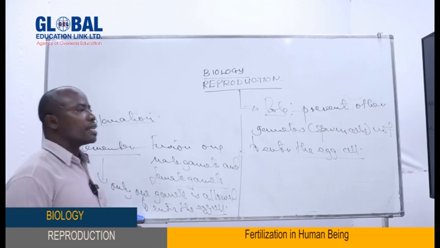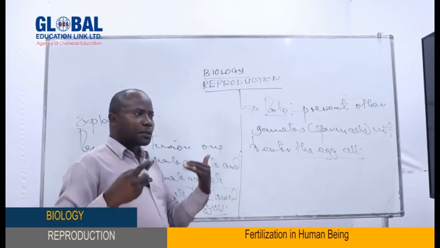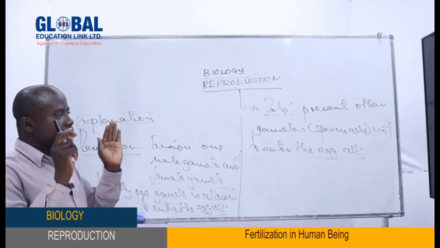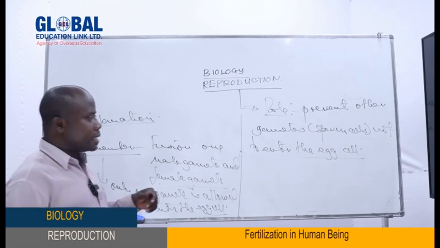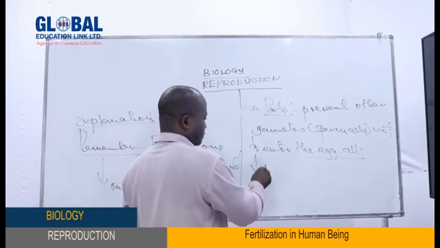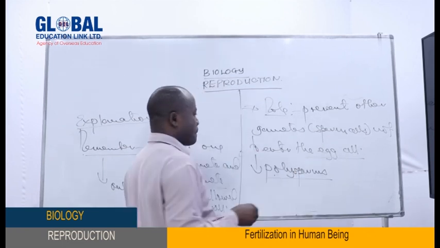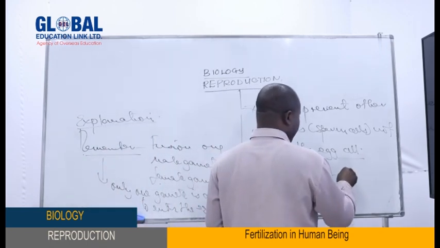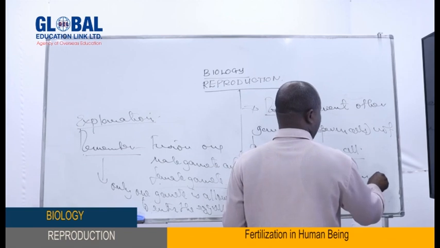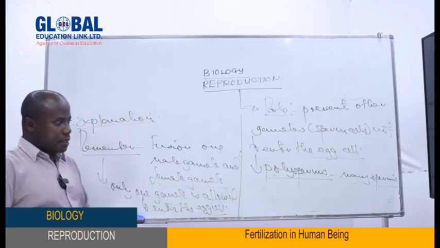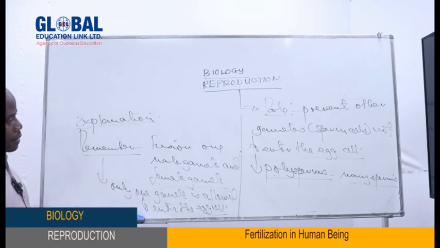Therefore, to respond to this question, you'll just have to explain the function of the fertilization membrane, which is prevention of more than one gamete entering the egg cell. This is known as polyspermy. Polysperms means many sperms. This aspect refers to the prevention of more than one sperm entering the egg cell.